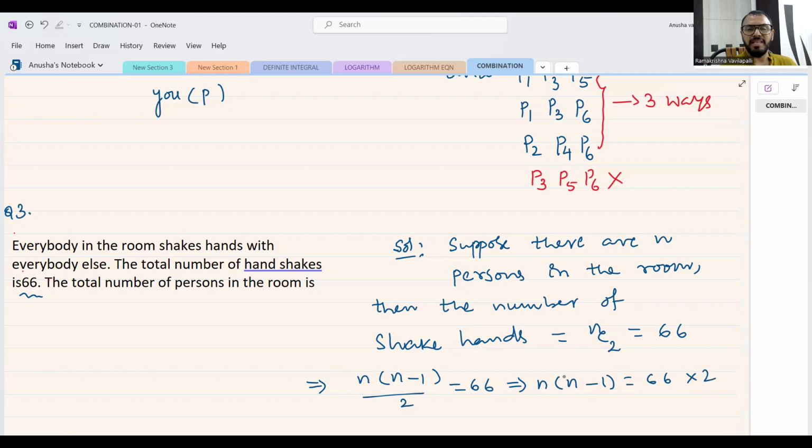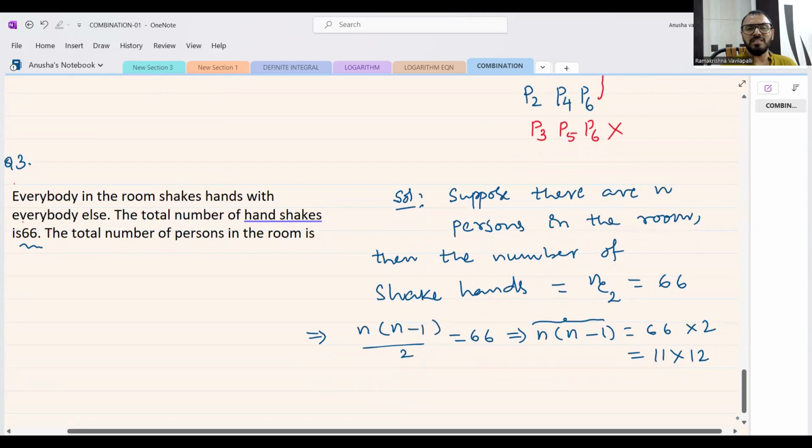See, this is a product of two consecutive integers. 66 I can write as 11 into 6, and 66 into 2 is 11 into 12. So this is also a product of two consecutive integers. If this is n, then this is n minus 1. Hence, there are 12 persons.